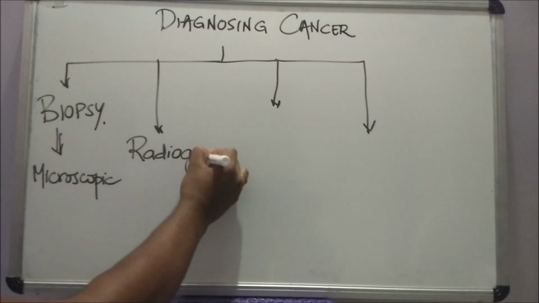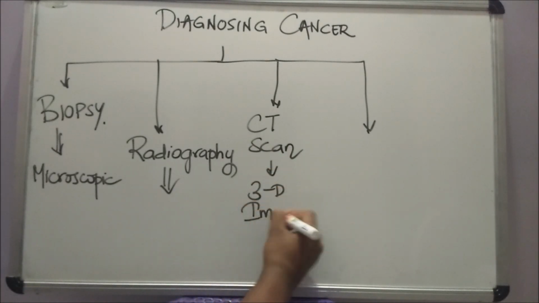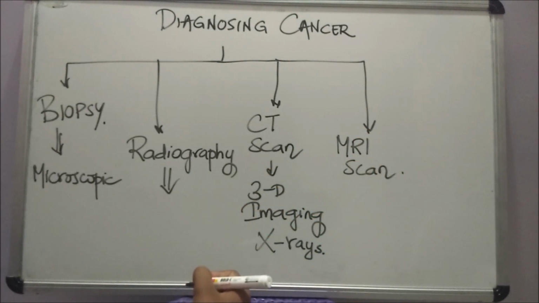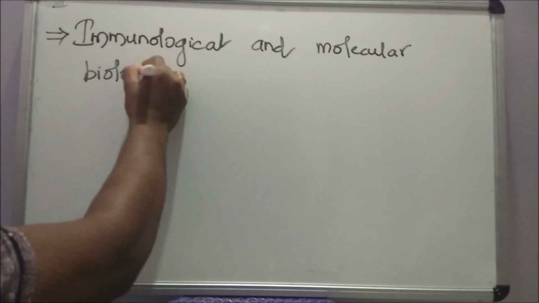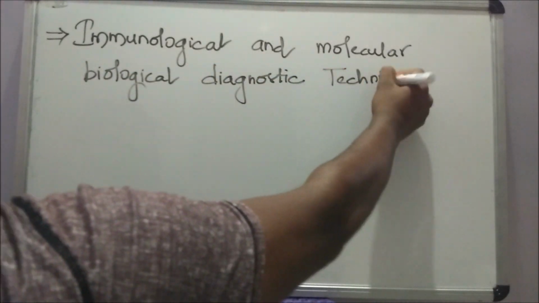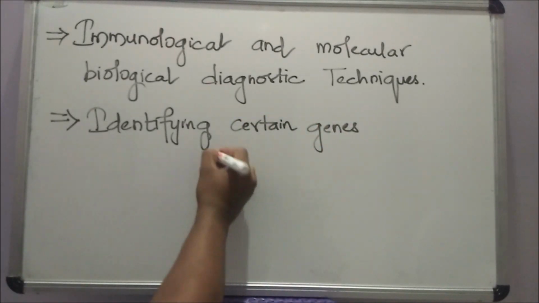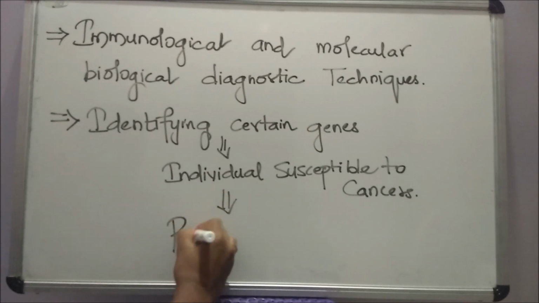Here radiography is nothing but CT scans, or computed tomography, MRI scans, or magnetic resonance imaging, where 3D images of the internal organs are generated through X-rays. Immunological and molecular biology diagnostic techniques can also be used to detect cancers. Identifying certain genes which make an individual susceptible to cancers can help to prevent cancers.